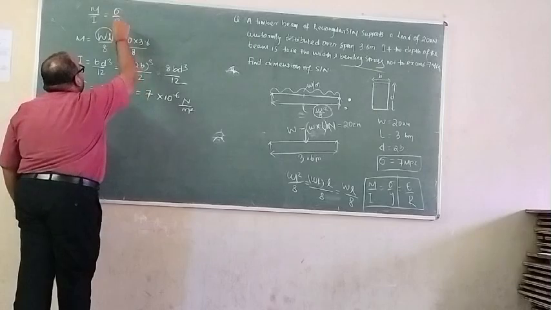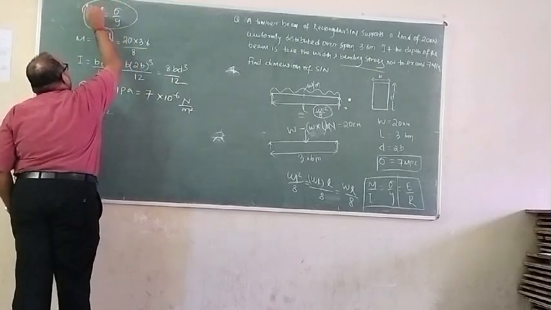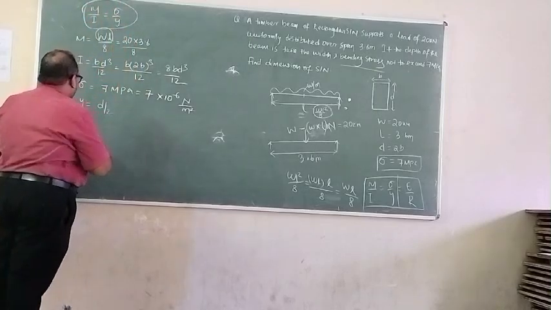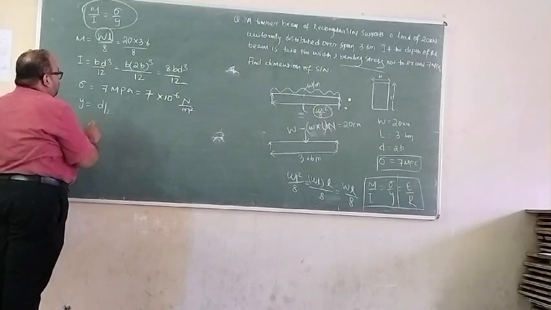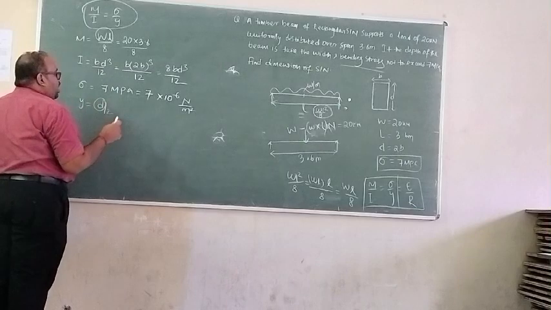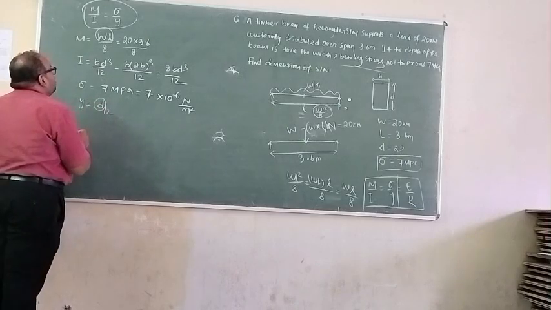So putting all these values in this equation, I can find the required value, the dimension D and B. How? Let us see.